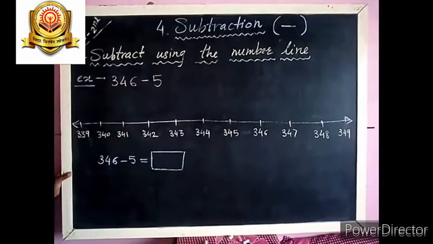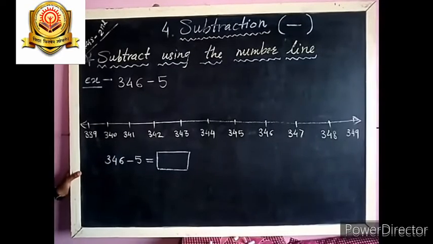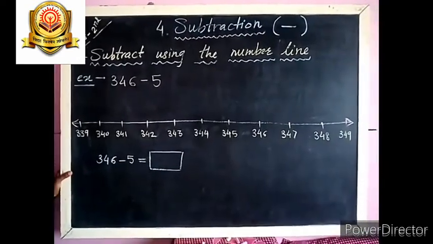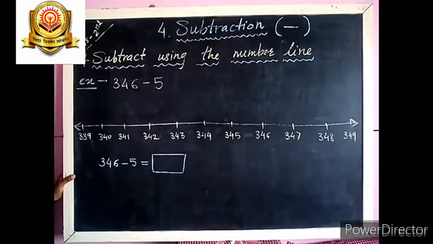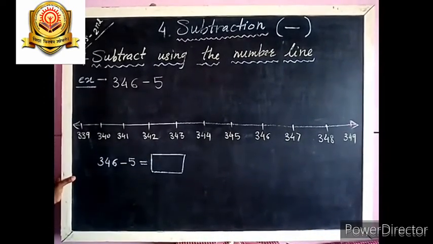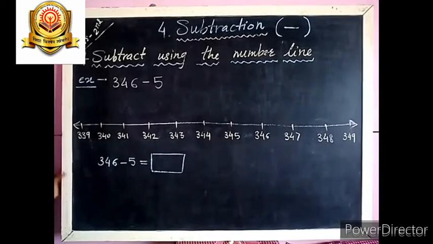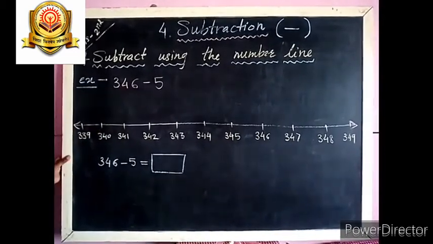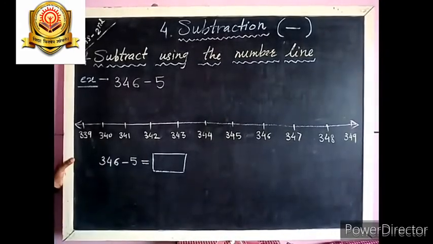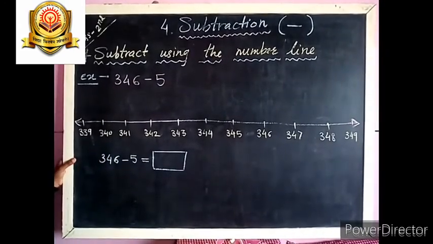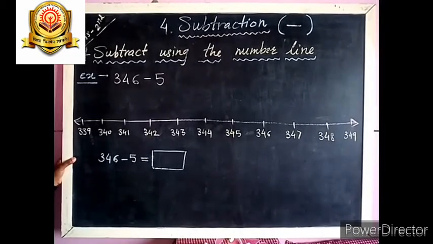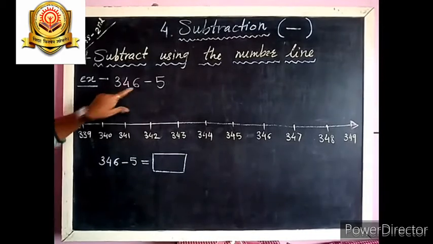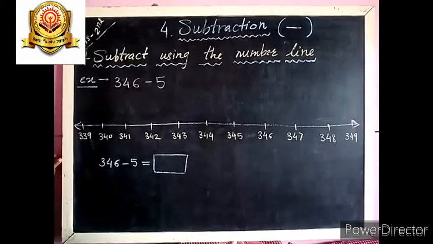Now, the next method which we will be learning here is subtract using the number line. Students, here I will be teaching you how to subtract using the number line. In this first example, 346 minus 5. Firstly, draw a number line. Now students, on this number line, find out where is 346.